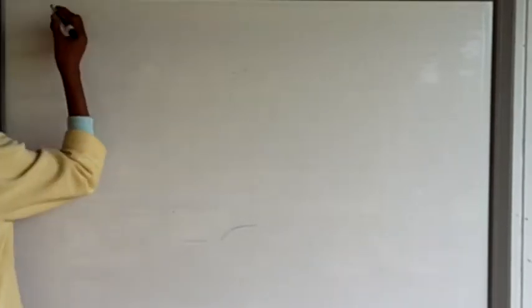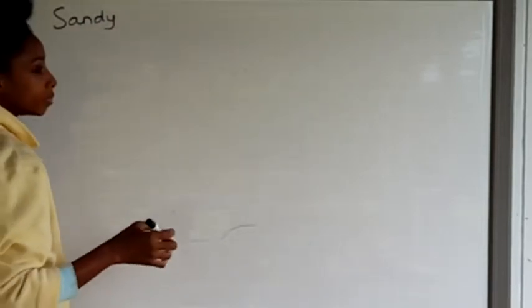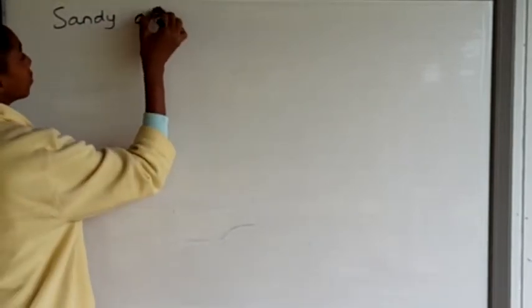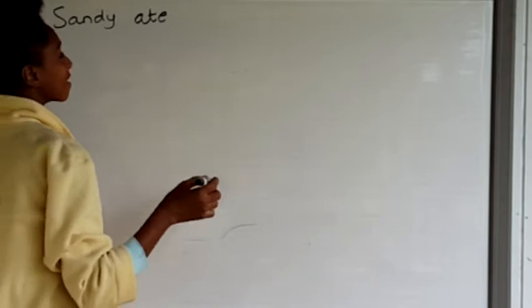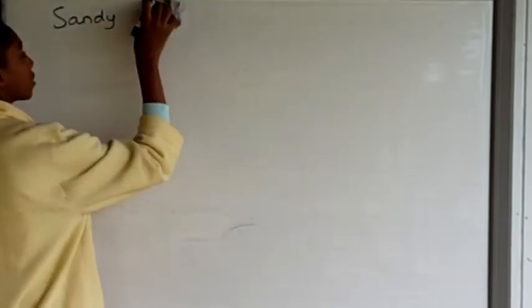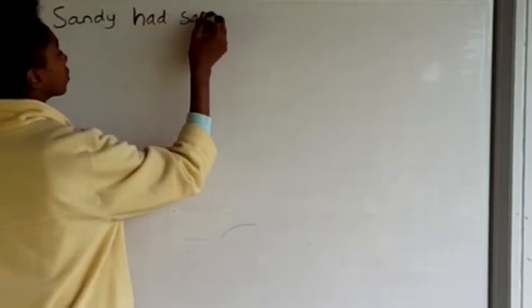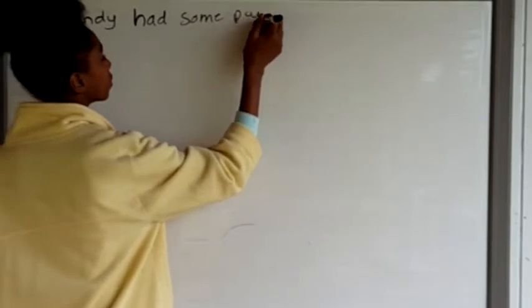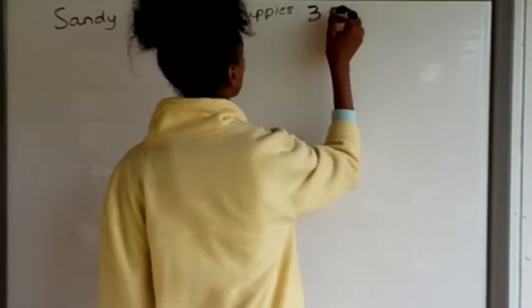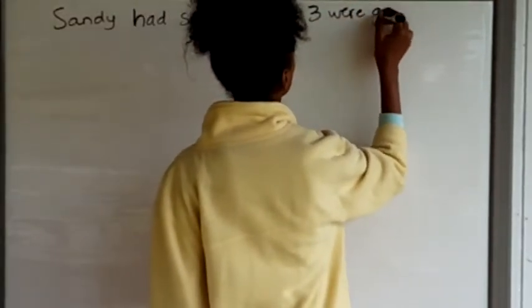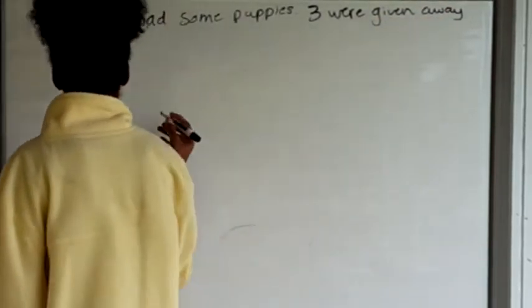Alright. Okay. Sandy was being a big fat slob. I was laying on her side, slobbing. Sandy had some puppies. They were given away because they were half raw water, half table.